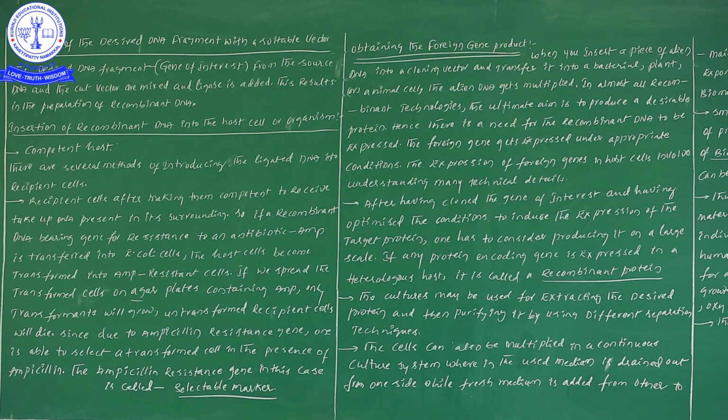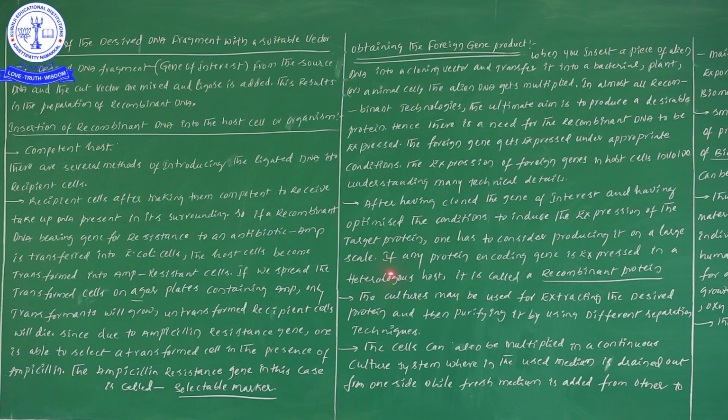When you provide optimum conditions to the gene of interest, we can see the expression, and thereby we can obtain the target protein, and that protein we can also obtain on a large scale. Large scale means that when you provide optimum conditions, you can obtain a very good yield. That is what they are saying: one has to consider producing it on a large scale.